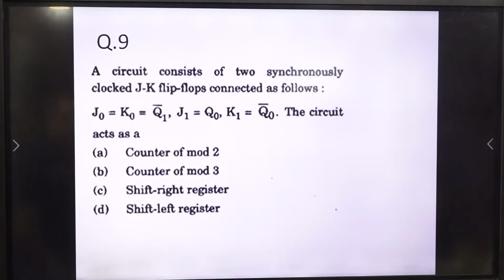So what is the right answer of this question? All of you try to compute and tell me the answer.